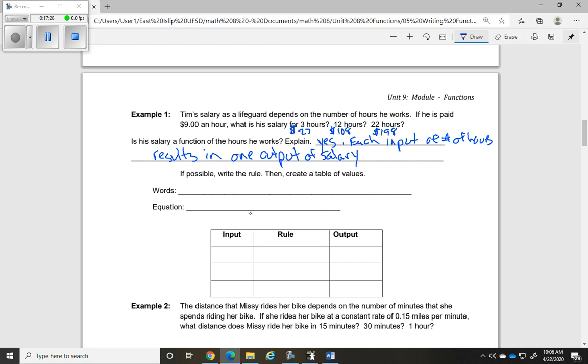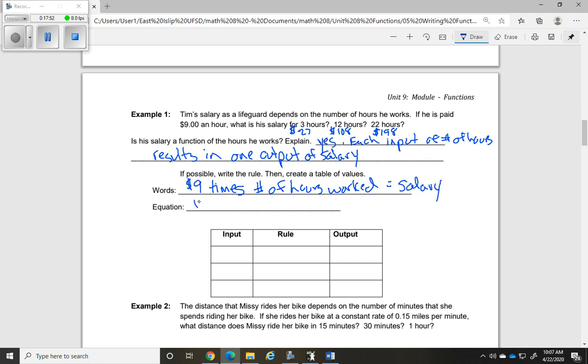If possible, write the rule, then create a table of values. So it is possible. The words really are up above, but really it's $9 times the number of hours worked, and that's what equals his salary.